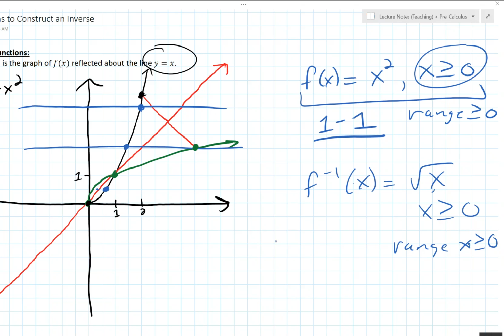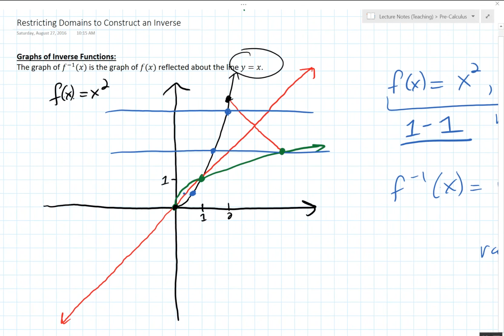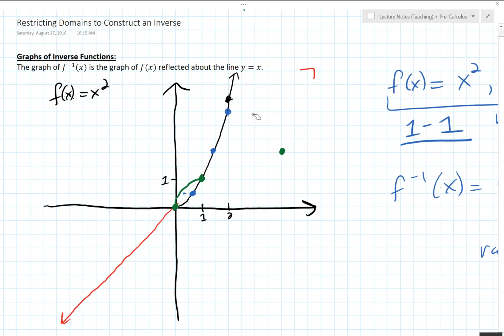So what did we really do to get this restriction? Well, let's look back at the graph here. Let's get rid of all the inverse stuff and draw the parabola back in. We have this parabola.